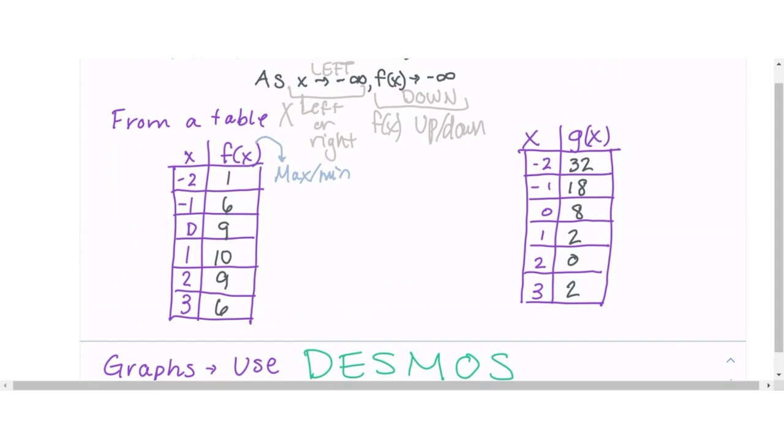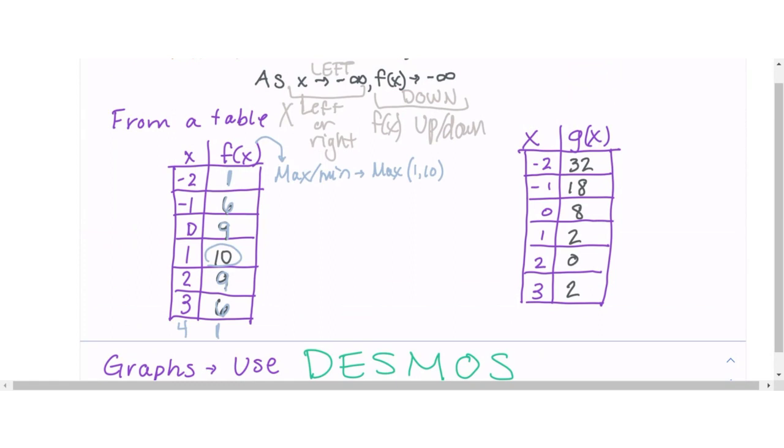So I can see that all these numbers, we have a 10 that's bigger than the other ones in this table. And then it's kind of symmetric with that one. So there's a 9 here, a 9 there, 6 here, 6 here. So if you were to make a good guess about what number would go with 4, well, since 1 is up here, I would probably guess that 1 would be right there. So the max or min, it is a max because it's bigger than all the other numbers, and it's at 1, 10. Or when y equals 10, you could say.